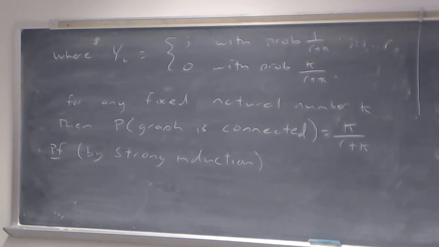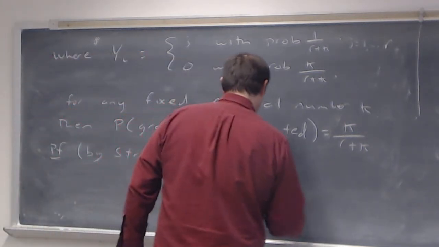So we're doing this by induction on R. But by strong induction, and this is allowable, we'll do the base case when R is equal to 1. But we'll assume it's true not only for R equal to N, but for R equal to N and any natural number below N. So suppose it's true for R less than or equal to N. That's allowed.